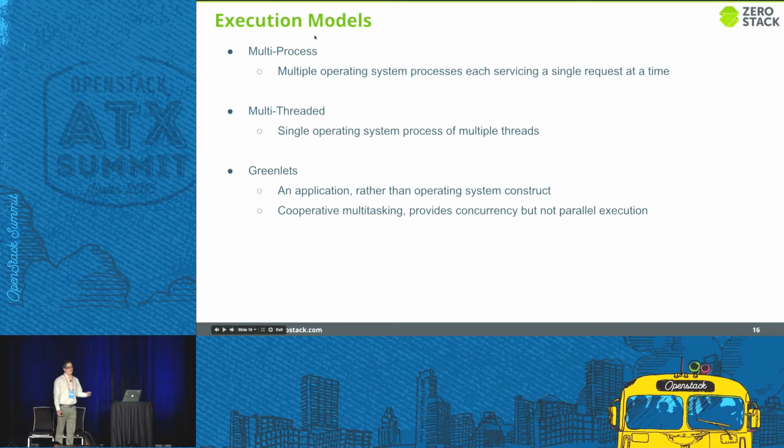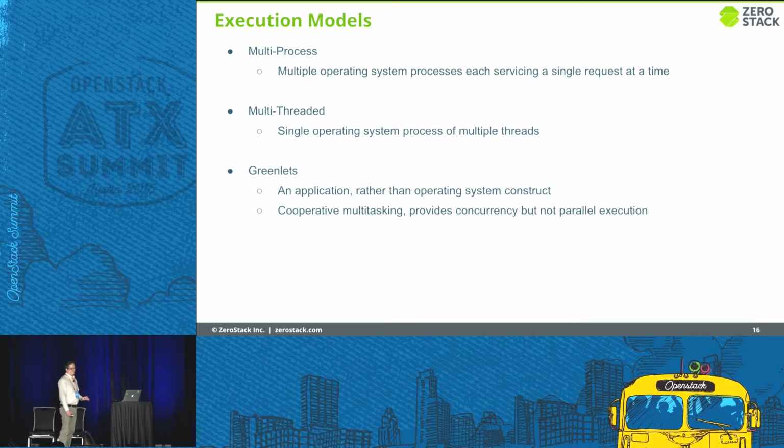You get a coroutine, which is like a special function, which gets called, and then at some point it tries to make an I/O call, or it decides it doesn't need to do anything else, and it calls sleep. That passes control to another function. So this gives you concurrency, because you're doing multiple things at once, but it normally only uses one thread or one process, so they're not actually running in parallel.